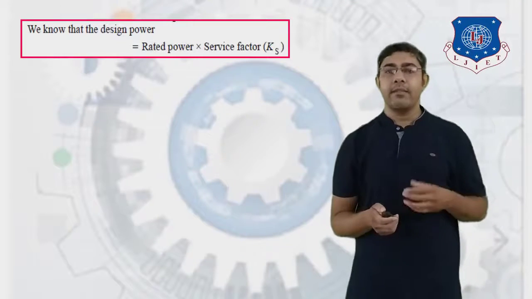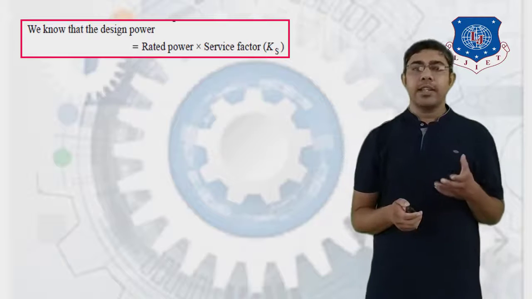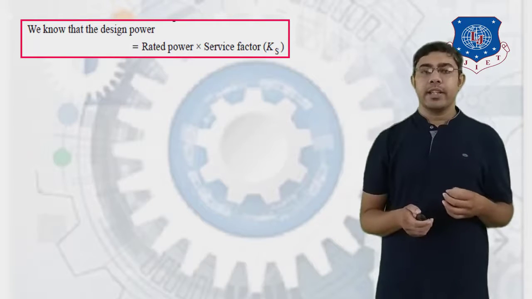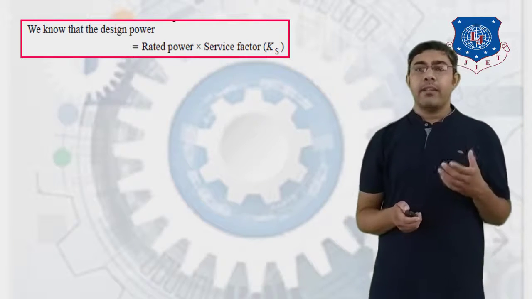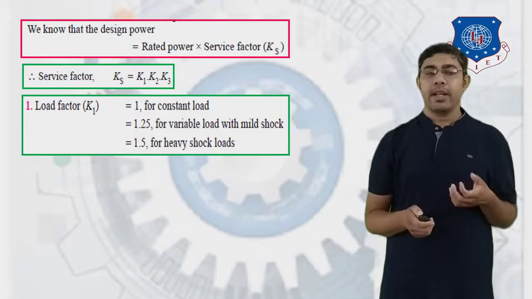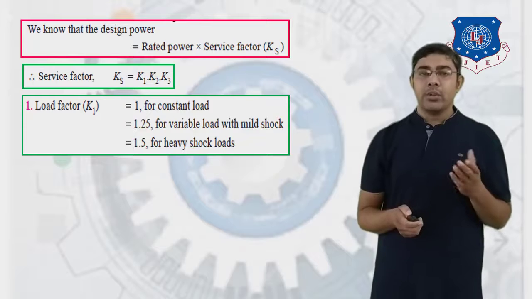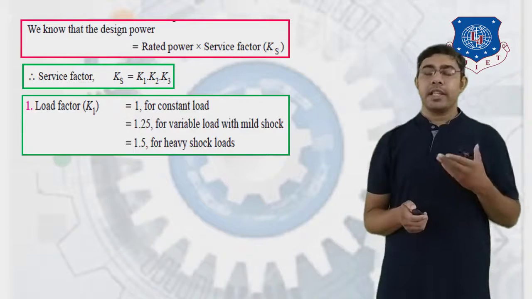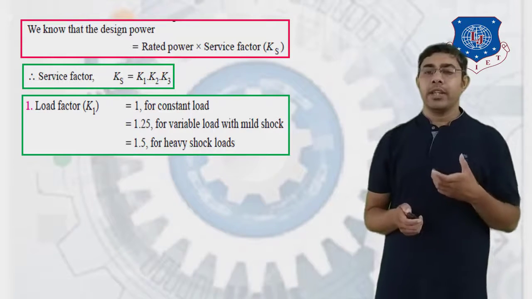Now we have to find the design power. Design power is rated power into service factor Ks. Rated power is given in our problem, so now we have to calculate the service factor Ks. To calculate Ks, we first take the values of K1, K2 and K3.